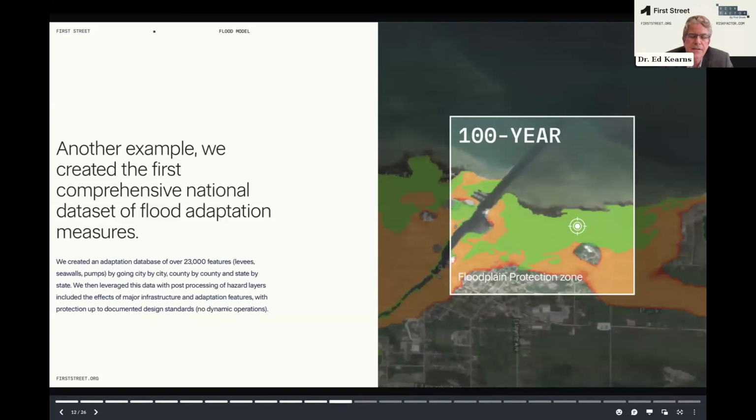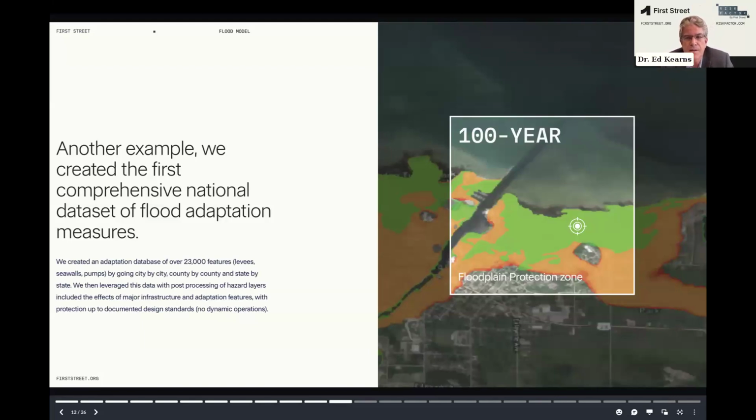Yeah, sure. Thank you. So we're modeling at 30-meter resolution, as I mentioned, but then we're using the land surface at 3-meter resolution to take those model results and make them fit the contours of the land surface. So we can resolve creeks, we can resolve streams, up to about 10 feet.